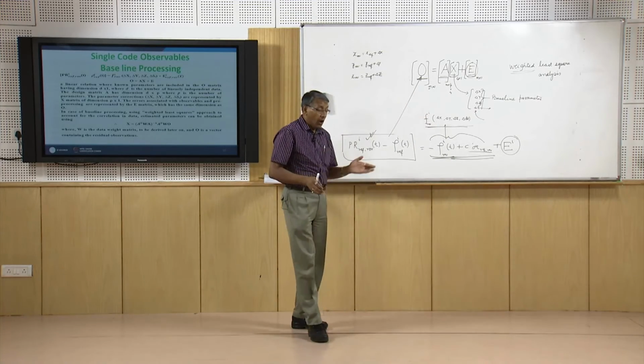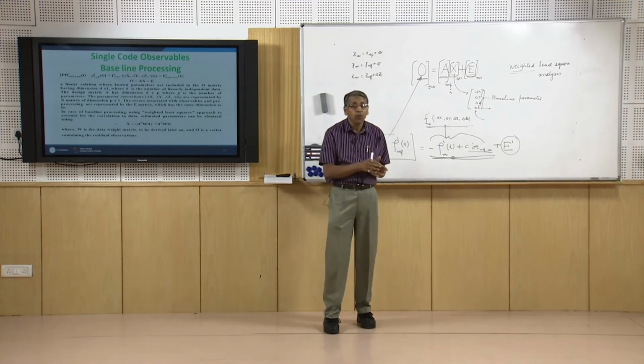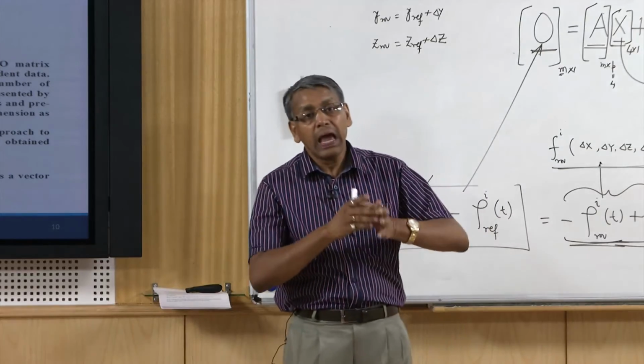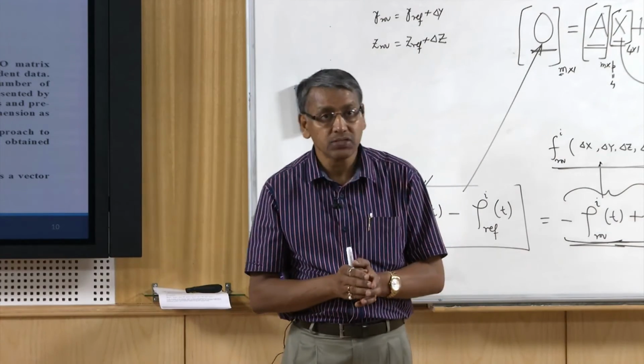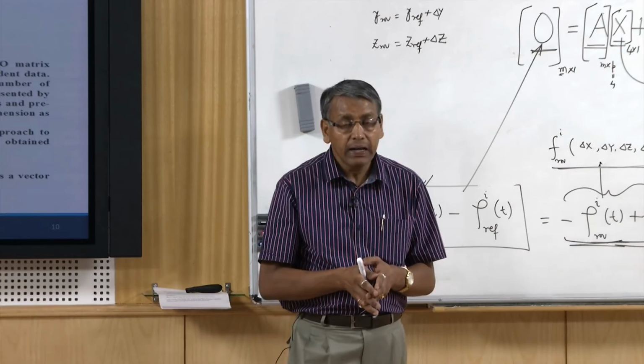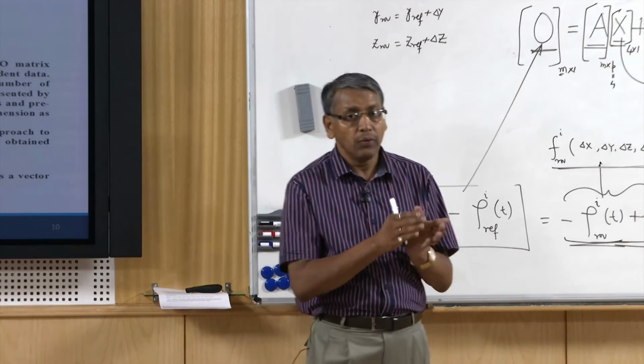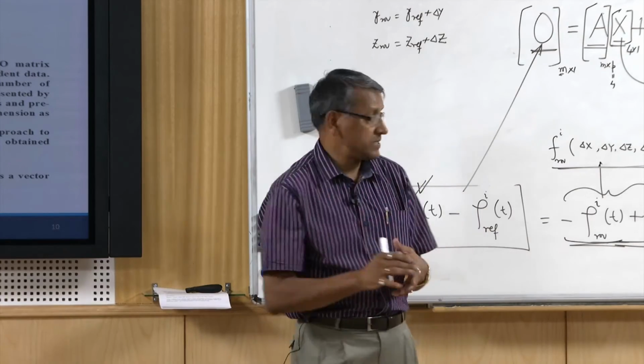Observables from each satellite are not of the same quality; they will have different amounts of error. So, their weights will be different: the satellites having less error, their observable will be more weighted, and vice versa.